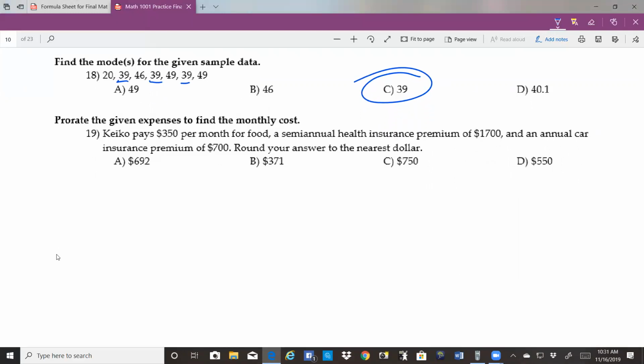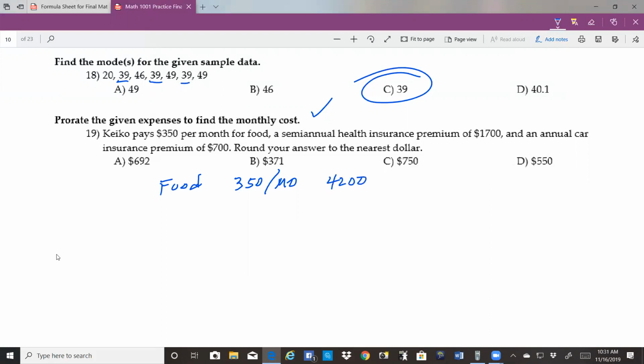We want to prorate the given expenses to find the monthly cost for this person. The food is $350 per month. I'm going to go ahead and multiply by 12 and get per year.